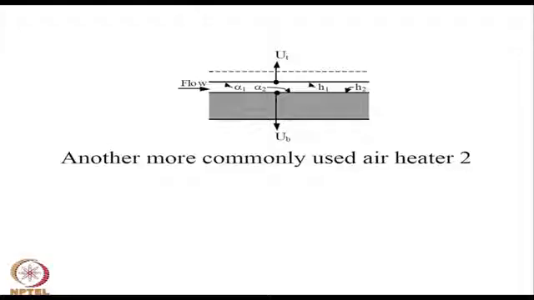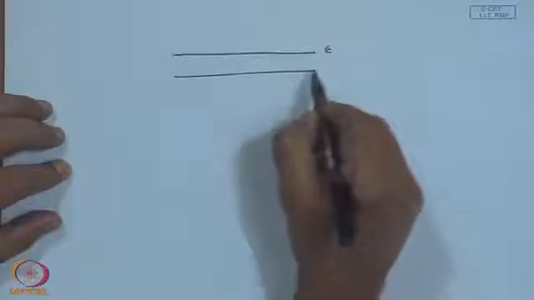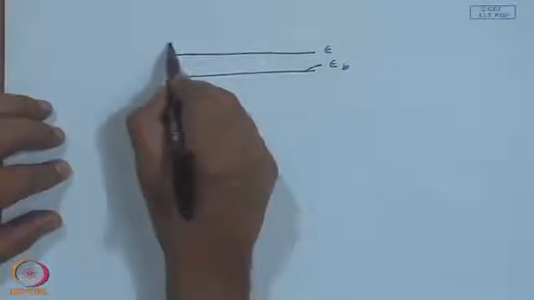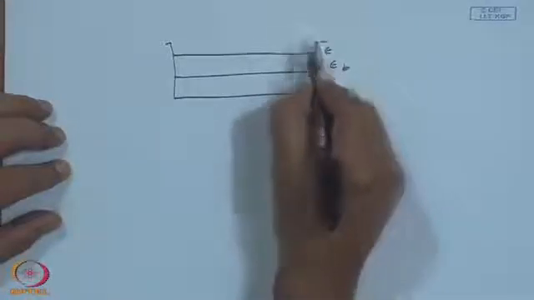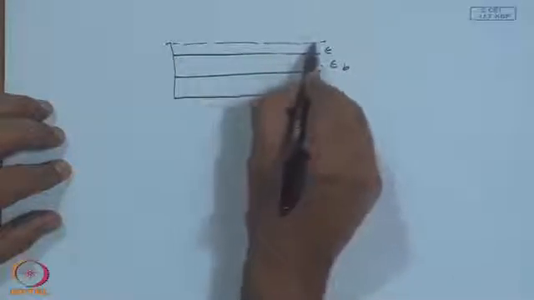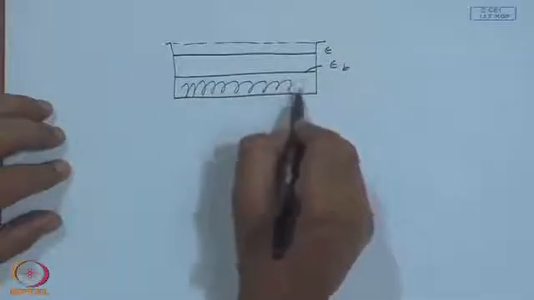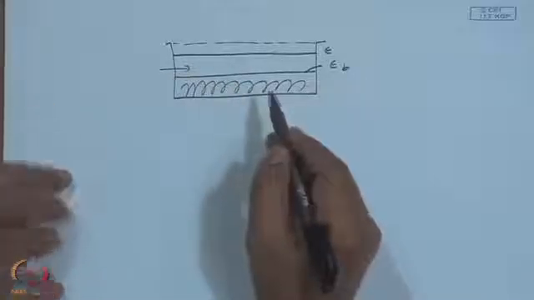And this is also a duct we have considered, formed by an absorber plate of emissivity epsilon and a bottom plate kept in a box with a top cover, and this being insulated, and the flow being in this direction or perpendicular, depending upon the view.